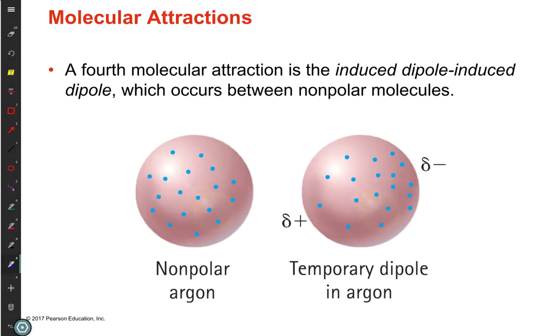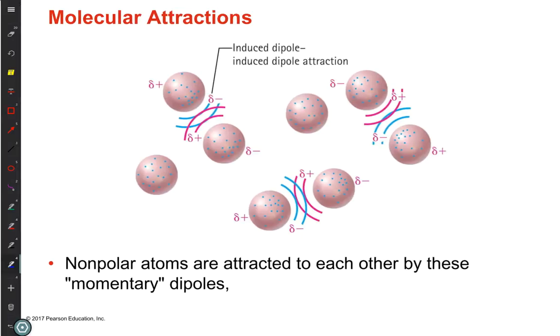And then I can have an actual force between them because I created artificially a dipole moment. Now, as you can guess, this one is really, really weak. Notice it says, this nonpolar argon creates a temporary dipole moment in argon. And so that can make very weak attractions between even things like argon that's an inert gas.